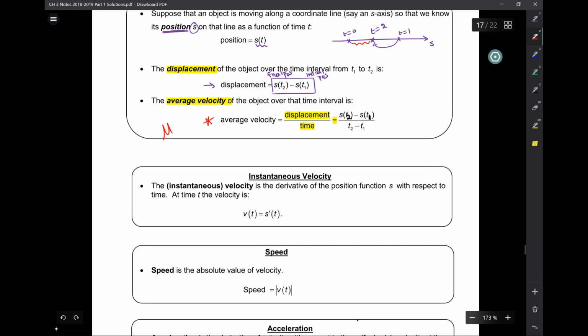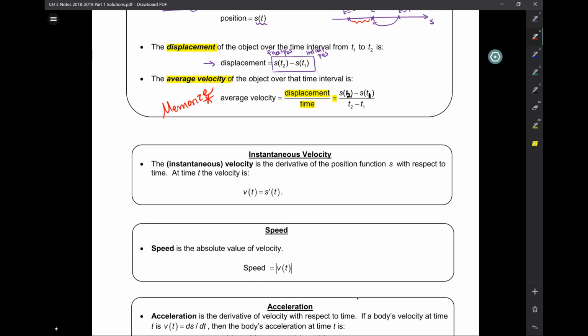You got to memorize this. Yeah. Okay, but you know this already, right? Average velocity is the slope of the secant line. It's final minus initial. It's total displacement over total time. Final minus initial over the total time. Okay, that's average velocity.